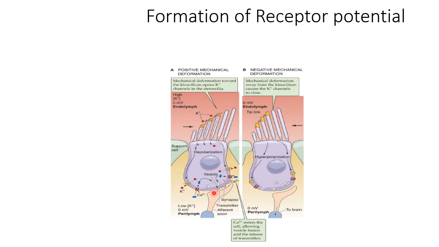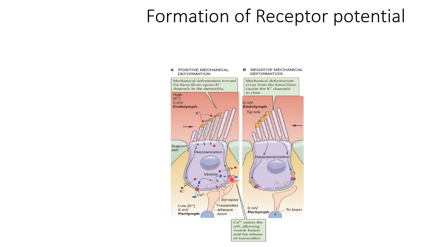After releasing glutamate into the synaptic cleft, it binds with the receptor and causes a receptor potential, which is an excitatory end plate potential. So this is the way the nerve signals are generated from the hair cell to the afferent nerve, and signals are summated and transmitted as action potential through the afferent nerve.